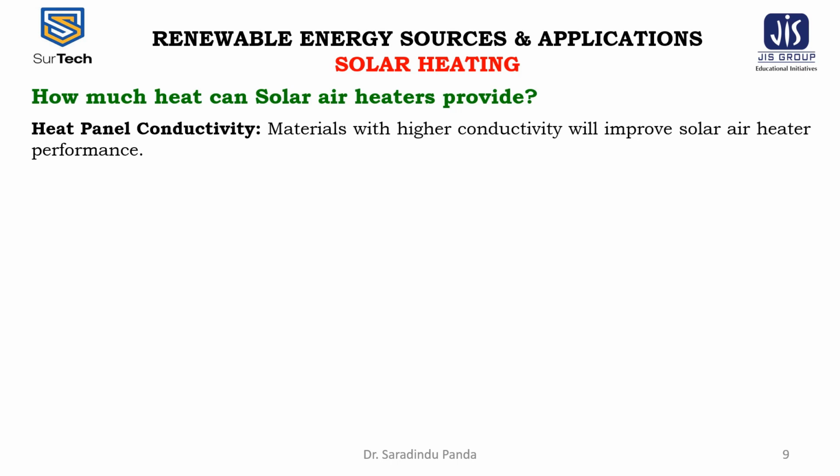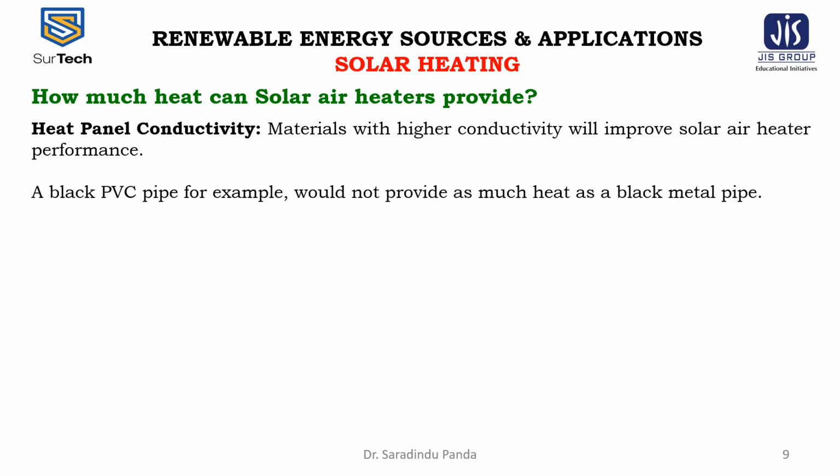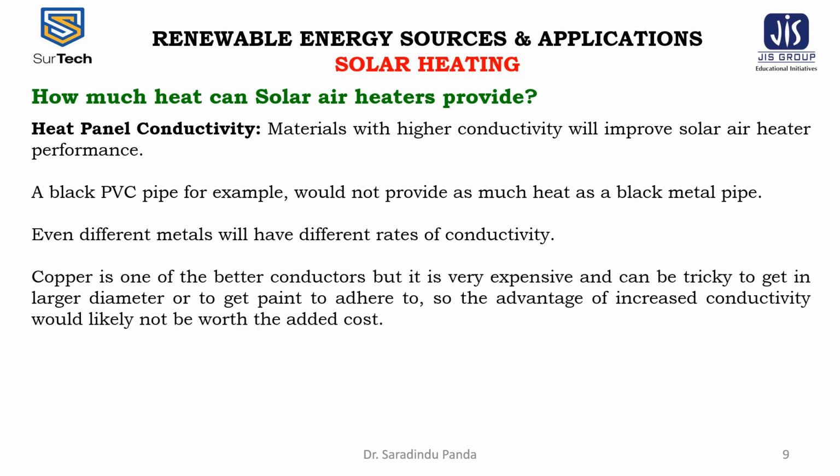Third one is the heat panel conductivity. The materials with the higher conductivity will improve the solar air heater performance. The black PVC pipe, for example, would not provide as much heat as a black metal pipe. So we should use the black metal pipe. Even different metals will have different rates of conductivity.